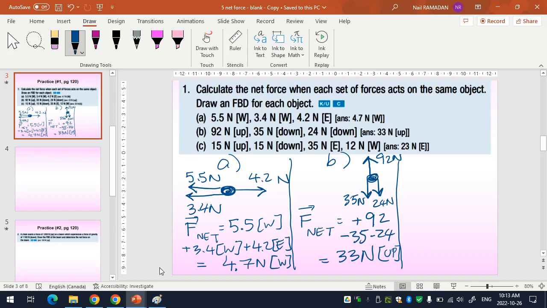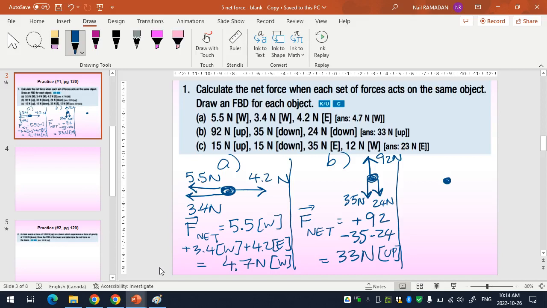Okay, last one. What do we have here? Is this a 1D or a 2D? Why? Because you've got up and down, and you've got technically right and left. Okay, look at the numbers. Up is how much? Down, east, west.